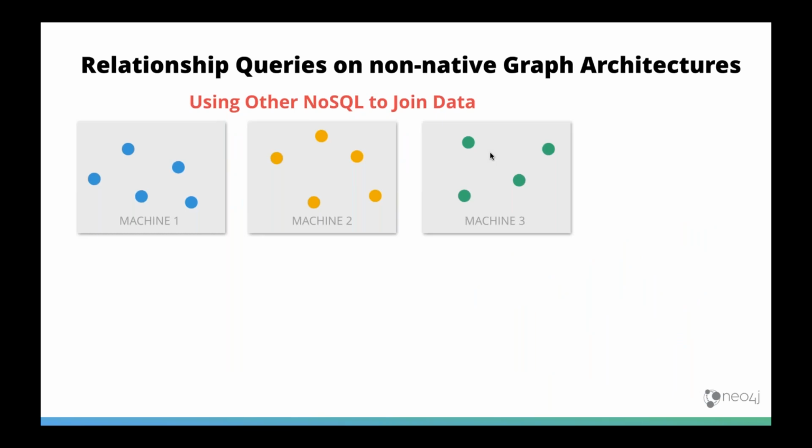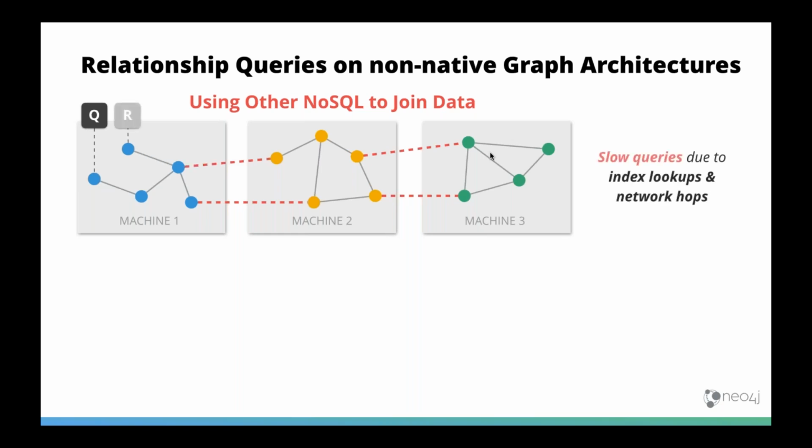I've talked a little bit about native and how fast we can query, and I want to spend a moment to talk about why that is. Think about how information is typically stored in different formats and often sharded over multiple machines. When you have to run a query, you have to go from node to node, then make a join to some other information, possibly on a different machine, then come back with the related information you're looking for. So the hops can take quite a bit of time.